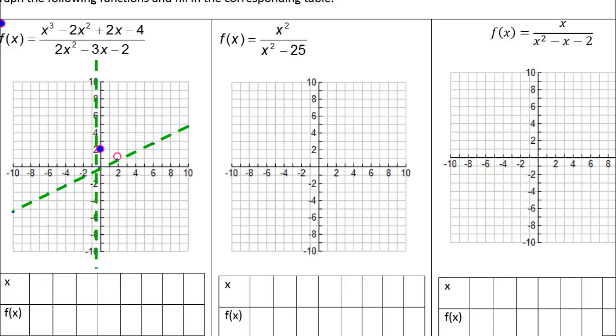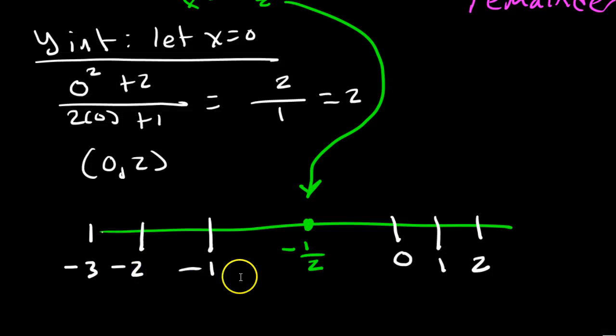I'm looking to see how many values we have on this chart. We have 1, 2, 3, 4, 5, 6, 7, 8. So I'm just going to keep going till I get 8 values. So far I have 6, so I'm going to go one more time. If I went out again, I would have -4, and if I went out again, I would have 3.